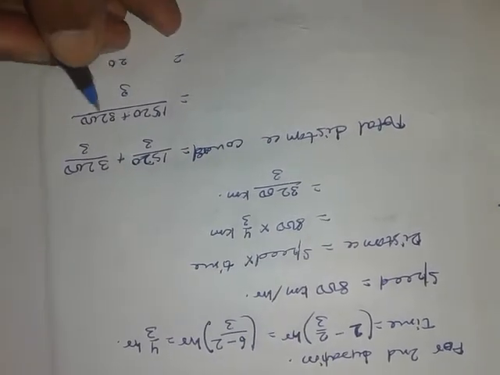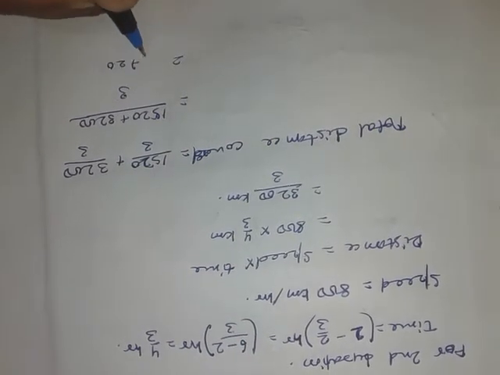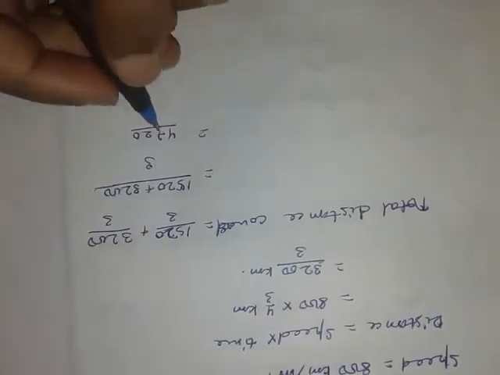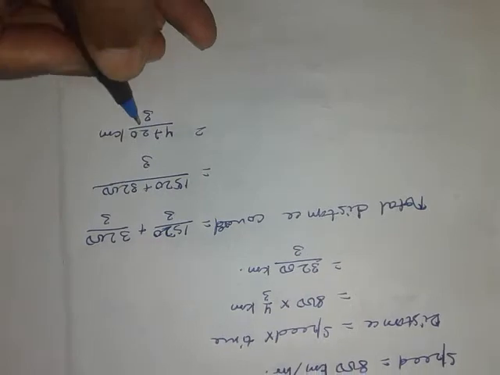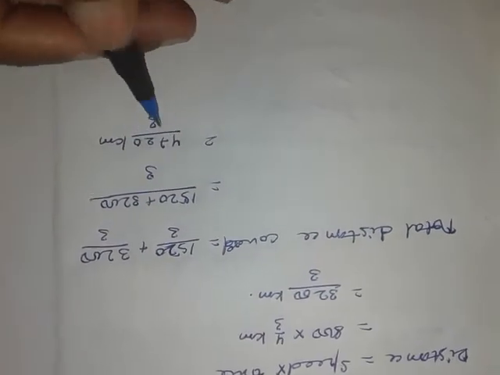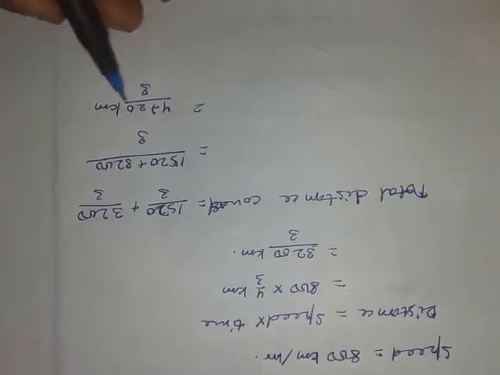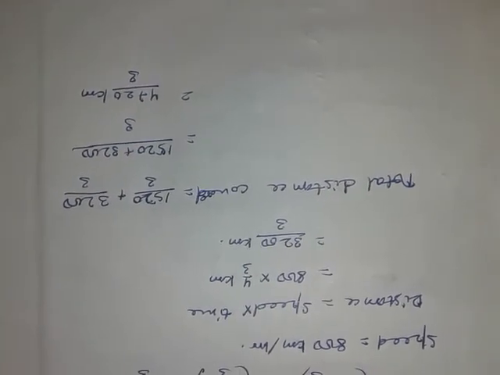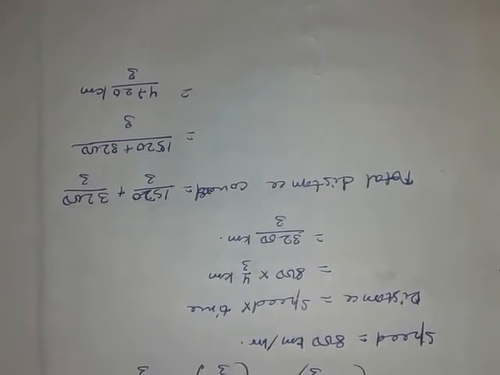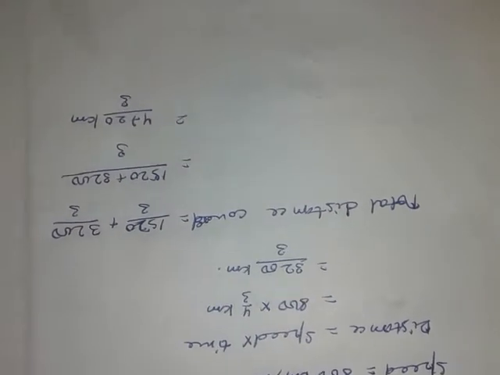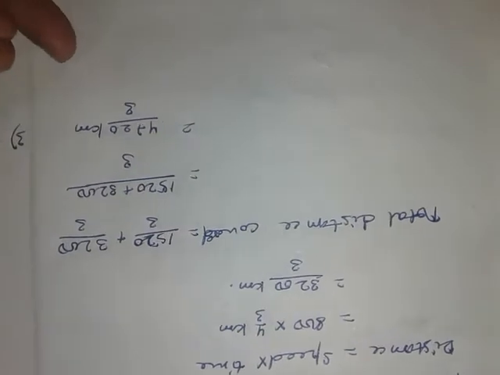Let's see what we get here, 4720 by 3 kilometer. Now is it divisible by 3? When you add these digits, you get 7 plus 4 is 11, plus 2 is 13, it is, no? So it is not divisible, so what we do, we have to divide it.